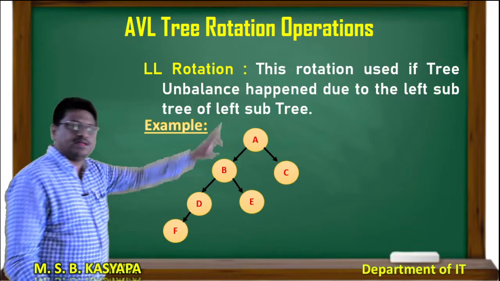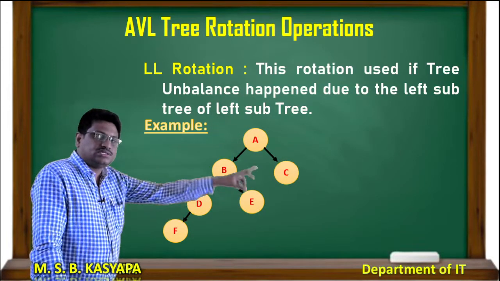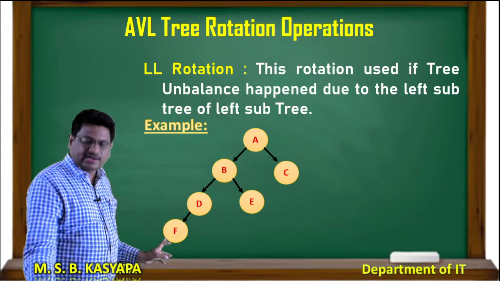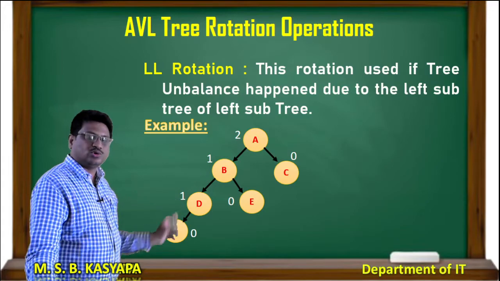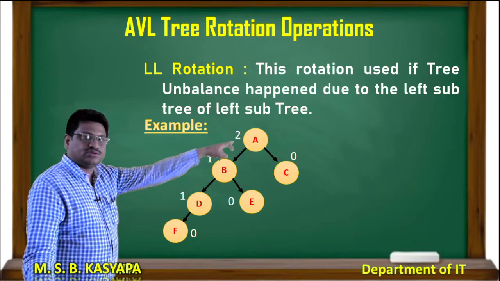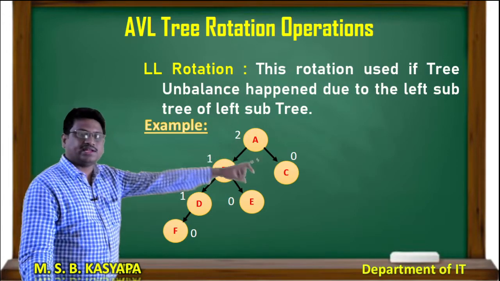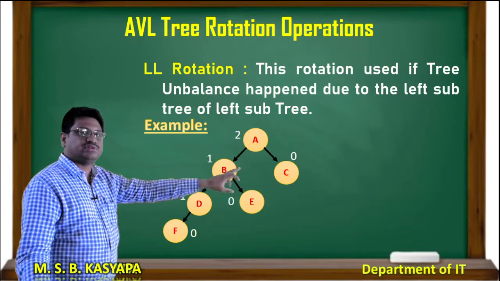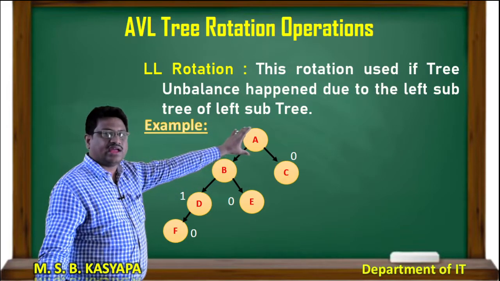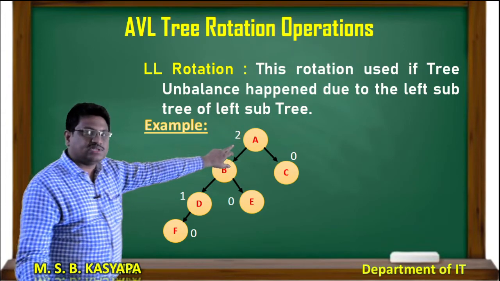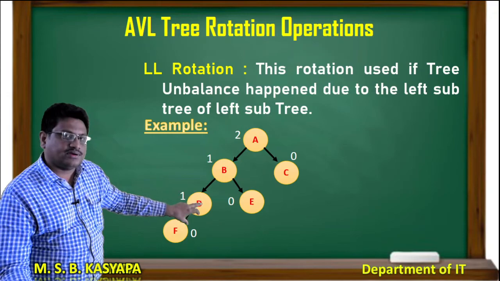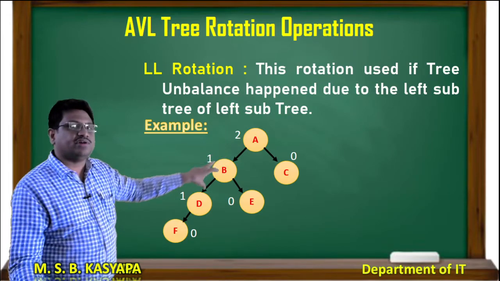See here, A, B, E, C, D, F. If I calculate the balance factors, here 0, 1, 0. So here 2 minus 1 equals 1. Then 3 minus 1 equals 2. Now you see the balance factor of A is 2. How did it become like this? Plus 2 means it may be on the left side.